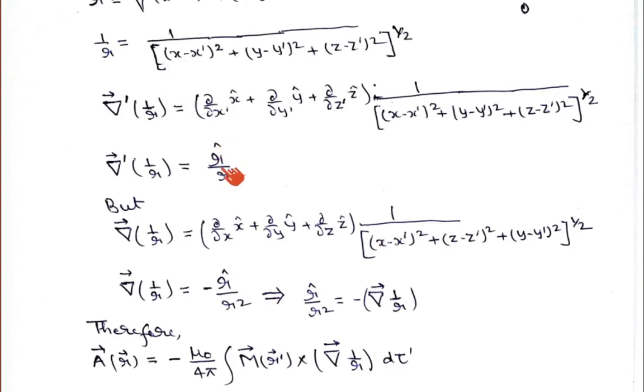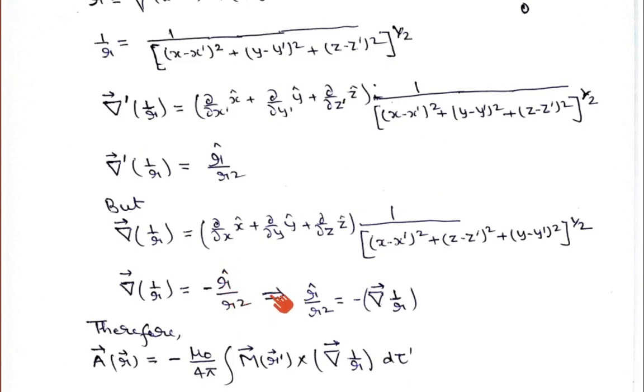That is the difference. Otherwise both operations are the same; only the gradient with respect to the prime coordinate versus the unprimed coordinate is changing.